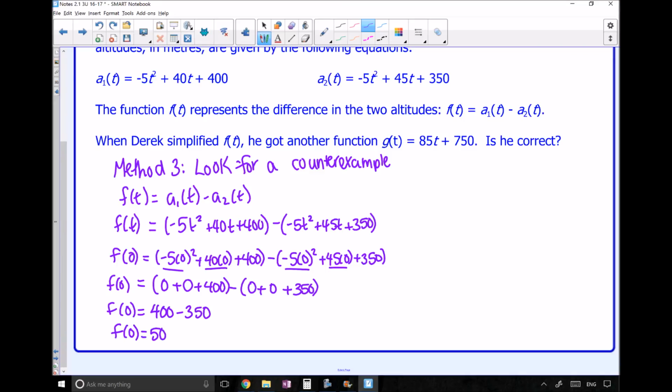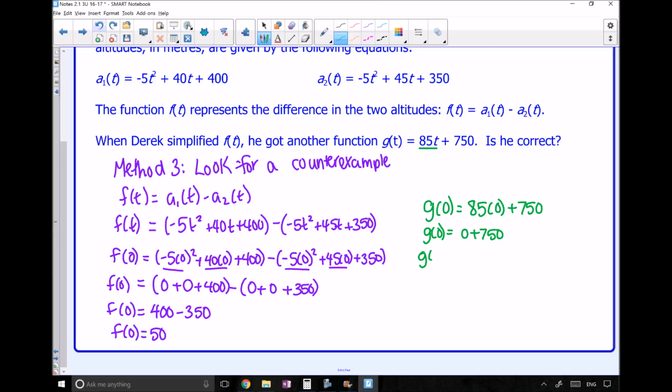Okay, so now I'm going to figure out what g of 0 is going to be. So I'm going to do 85 times 0 right here plus 750. Well, 85 times 0 is 0. 0 plus 750 is equal to 750.